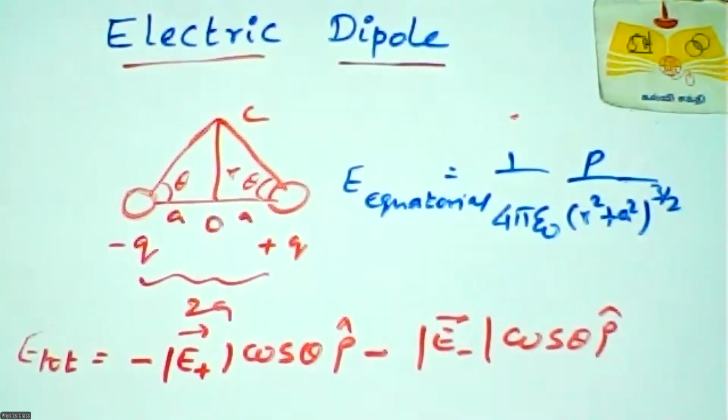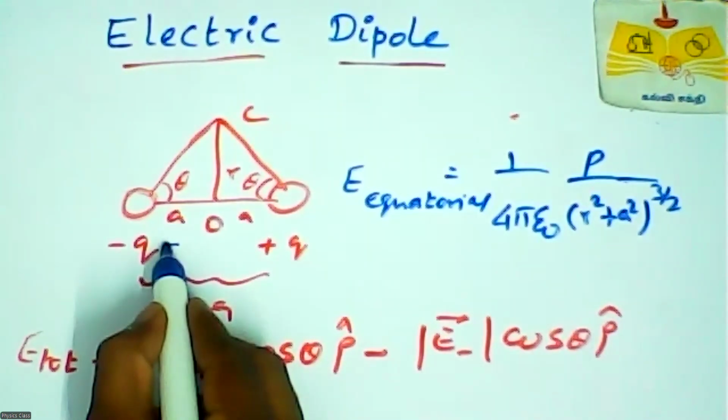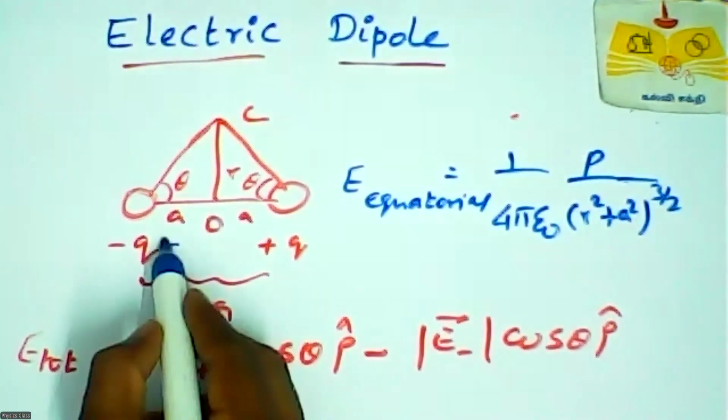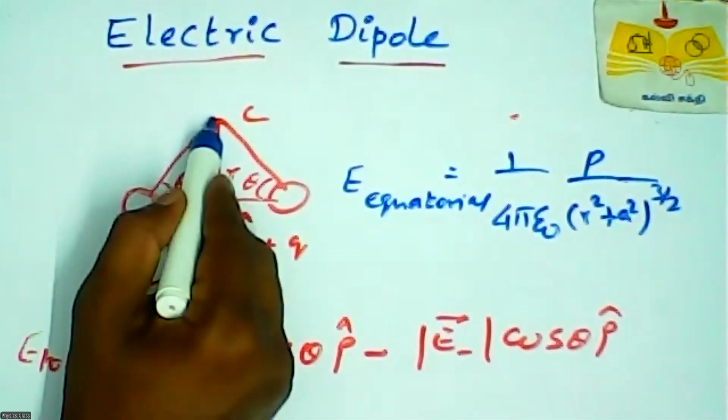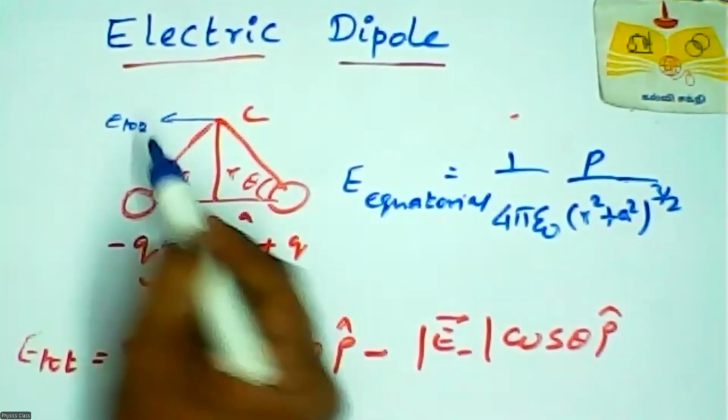So this is the formula to find the total electric field at point C. Okay. So the sum of the parallel components of E plus and E minus, and its direction is along minus P direction, because already we know that the dipole moment direction is always from negative to positive. Here, total electric field like that.